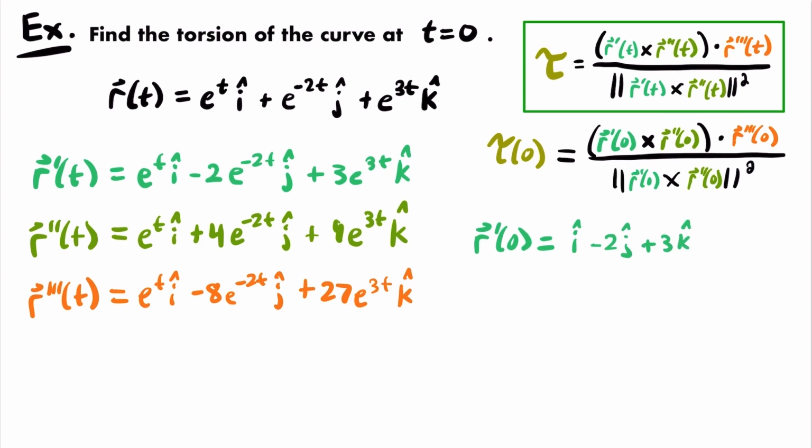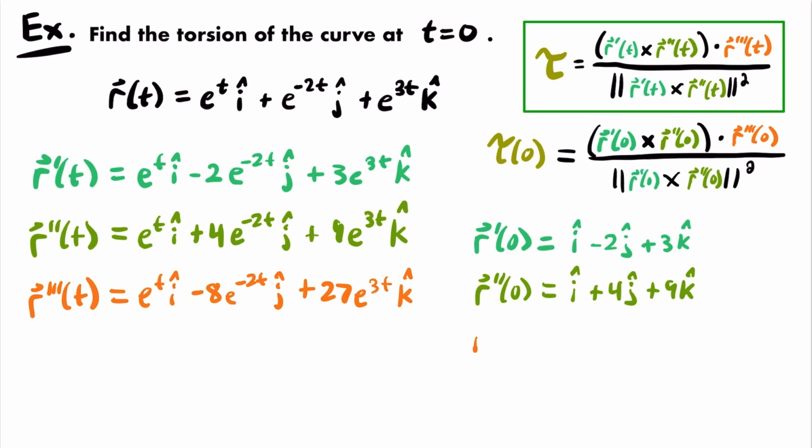All right, and then a very similar thing will happen for the second derivative. r double prime of 0 will be equal to each of these components, but plugging in 0 just results in an exponent of 0 for each of those e's, so they just become 1 multiplied by the coefficient. So we get components of i plus 4j plus 9k.